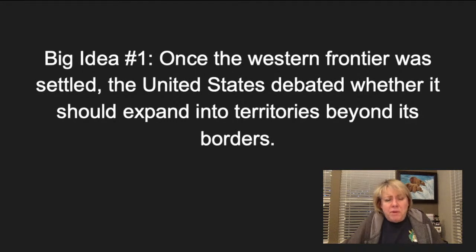Well, there's these other people that disagree with this idea of imperialism, and they were called the anti-imperialists. And the anti-imperialists are going to make their argument based on several key points. One of them being self-determination, that everybody should have the ability to choose their own form of government, to choose who governs them and how they're going to be governed. That was what colonial America was built on.